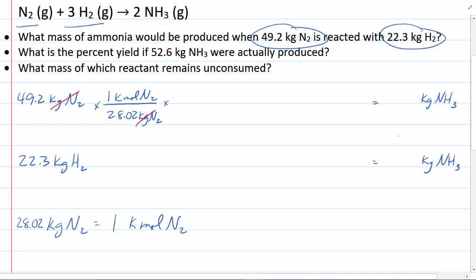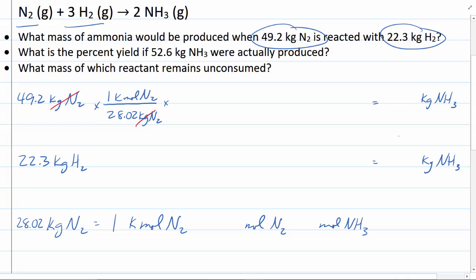Next, we'd like a conversion between the N2 and the NH3. In other words, we want to convert from one substance to another. To convert from one substance to another, we use what's called the molar ratio. And in this case, we would look at the relationship between moles of N2 and moles of NH3.